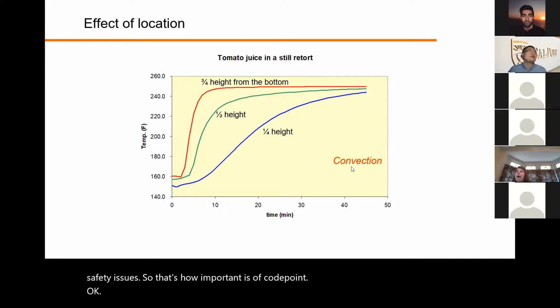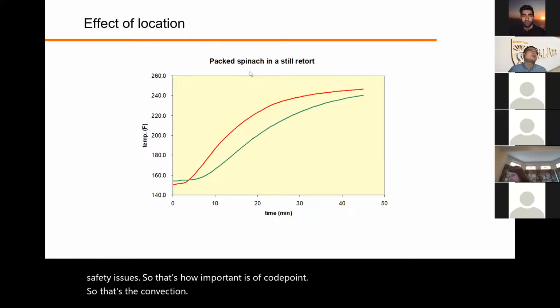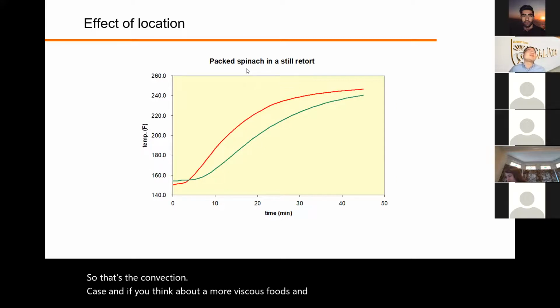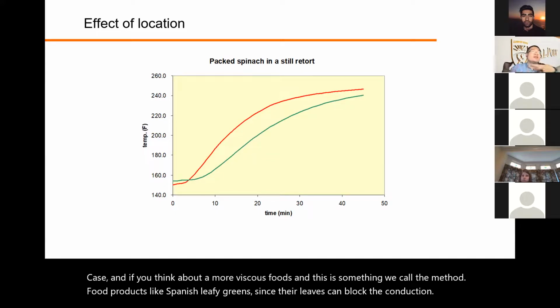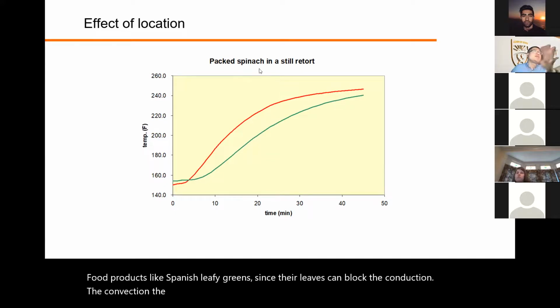So that's the convection case. And if you think about more viscous foods, something we call matted food products like spinach and leafy greens, since their leaves can block the conduction, the convection, the movement of water vertically.